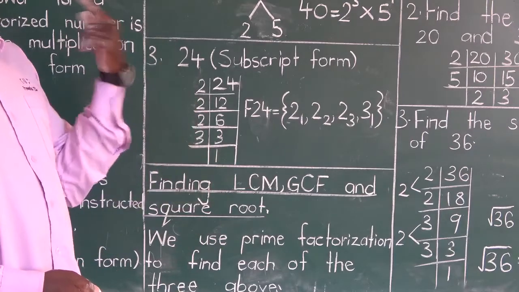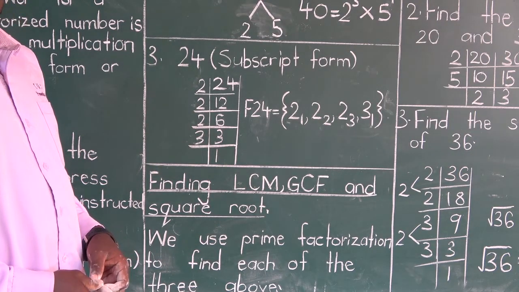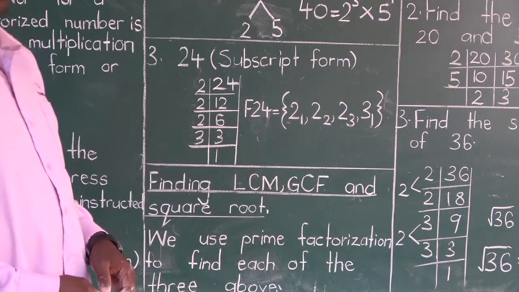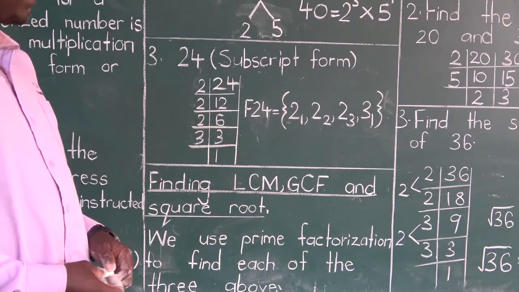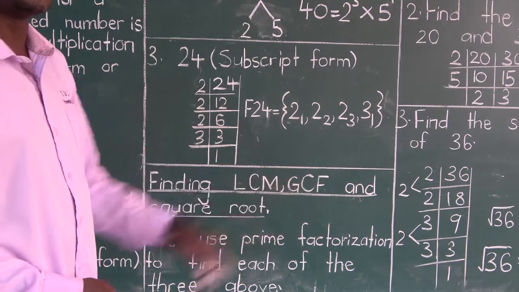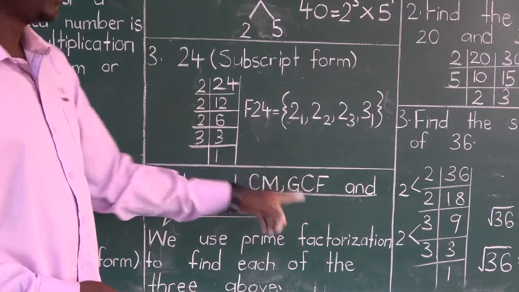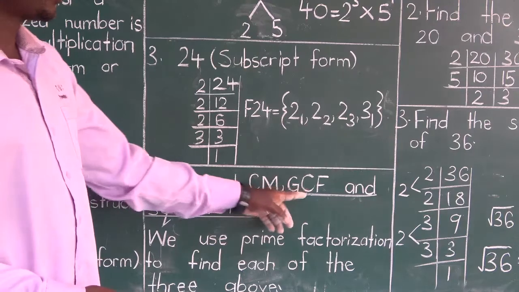Like I was explaining at the beginning, I said factor is a divisor. So that's why we can say GCD, greatest common divisor, instead of GCF. Sometimes it can also be referred to as HCF, highest common factor, or HCD, highest common divisor.